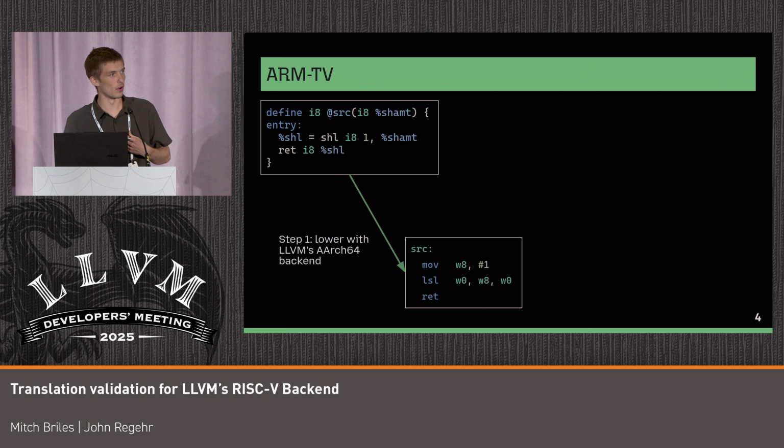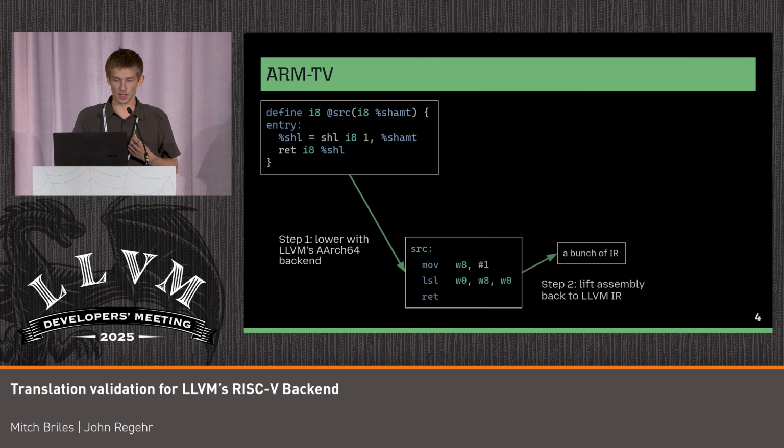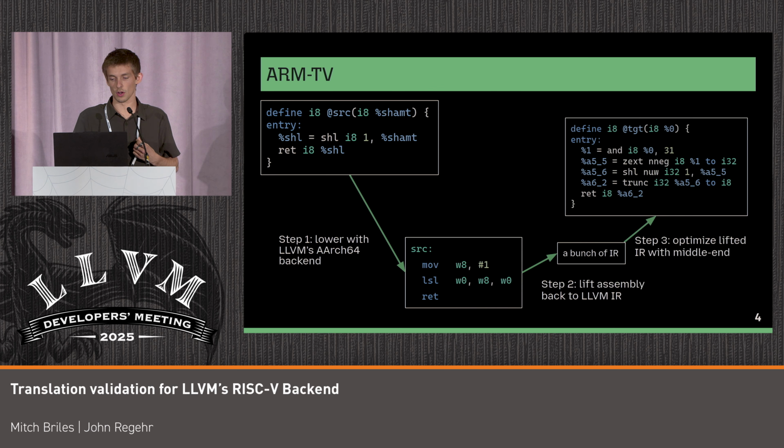Step 1 is to just invoke LLVM's backend and generate some assembly. Step 2 is to lift the assembly back to IR, keeping it as a refinement. Step 3 is to call opt to get a smaller IR to deal with so that Alive can handle it.